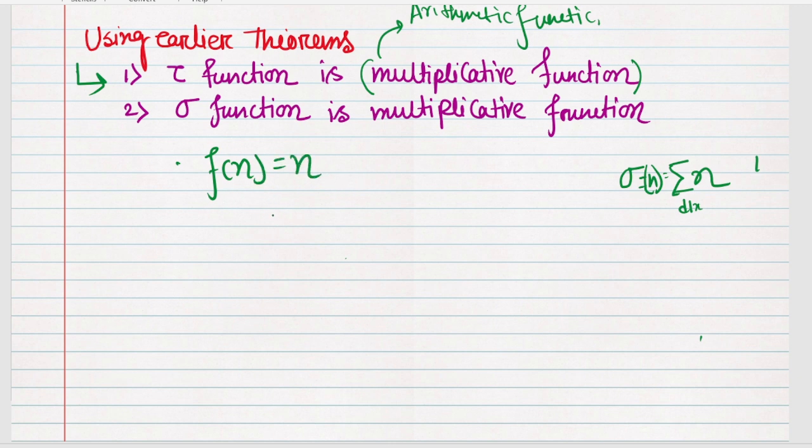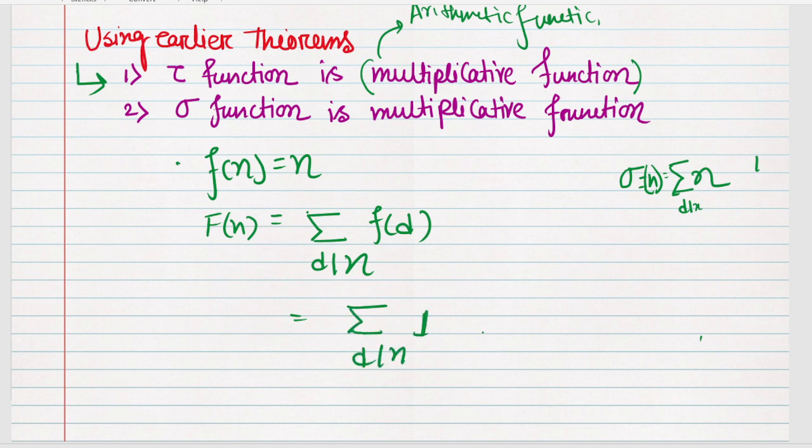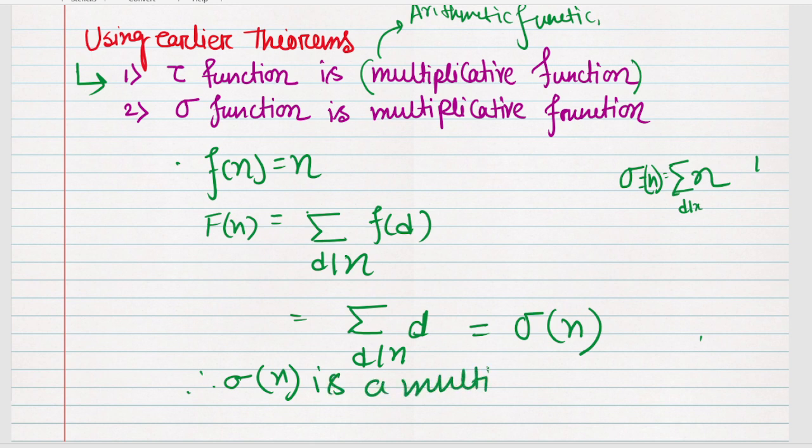Then n can be replaced by summation d divides n of f of d, which is nothing but our sigma of n. Therefore we can easily say that sigma of n is a multiplicative function.